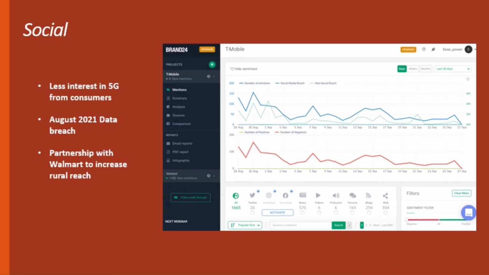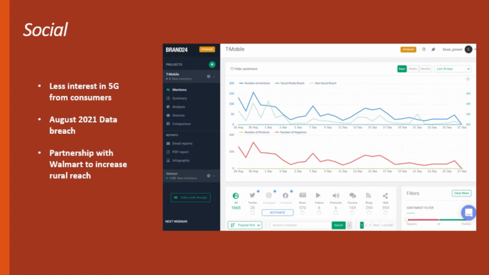Another thing in recent months, August, there was a data breach. T-Mobile had about 50 million customers impacted by that data breach. There's also positive sentiment towards a new partnership with Walmart, where T-Mobile plans to open about 2,300 T-Mobile stores within Walmart, and that should help them to increase their rural reach.